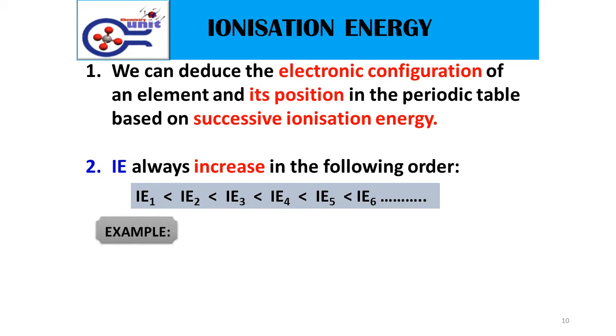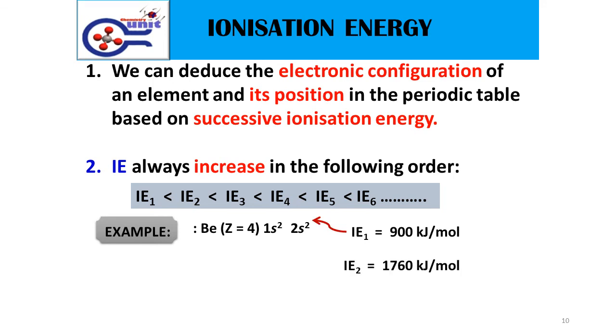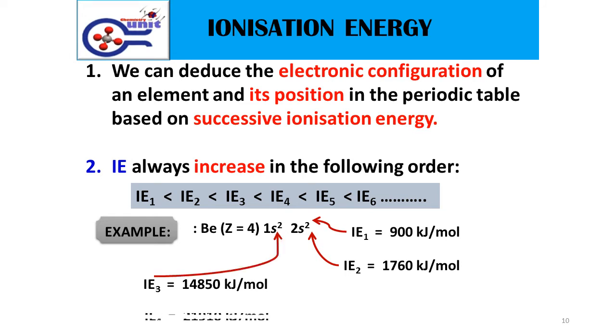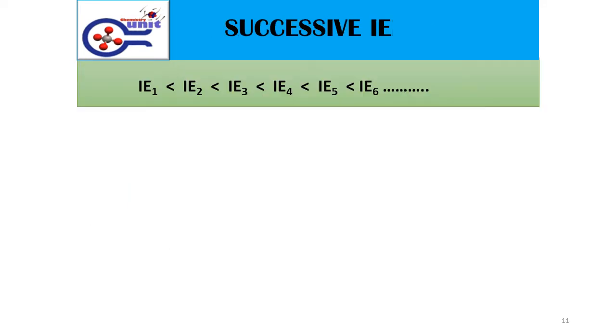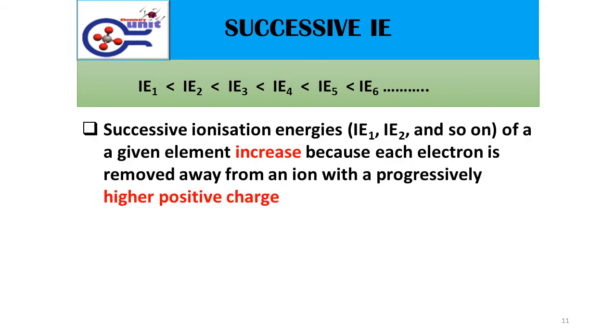Example: beryllium with IE1 equals 900 kJ per mole, IE2 equals 1760 kJ per mole, IE3 equals 14,850 kJ per mole, IE4 equals 21,910 kJ per mole. Successive energies IE1, IE2, and so on, of a given element increase, because each electron is removed from an ion with a progressively higher positive charge.